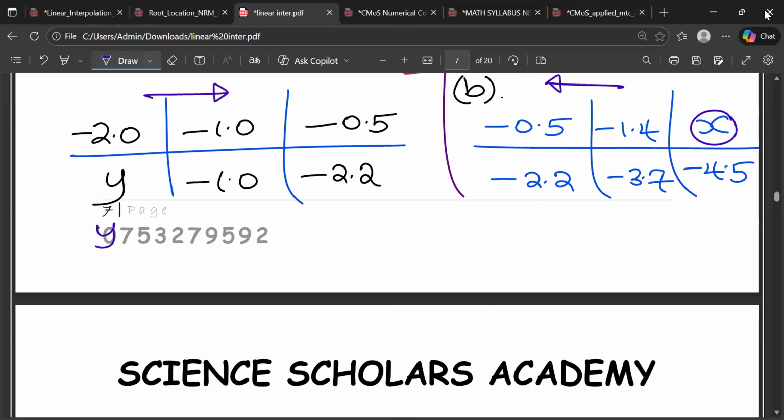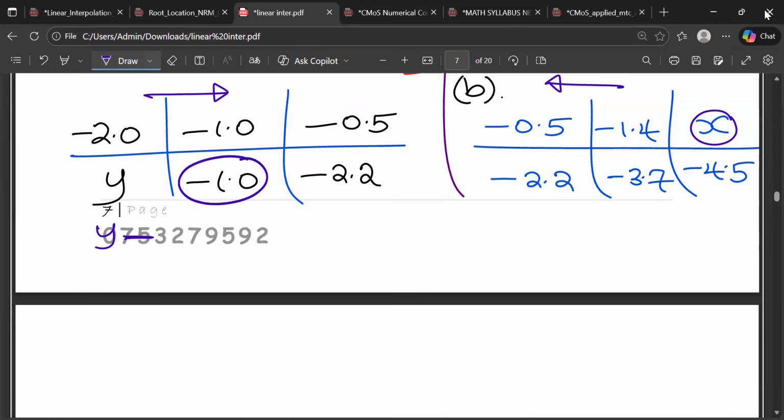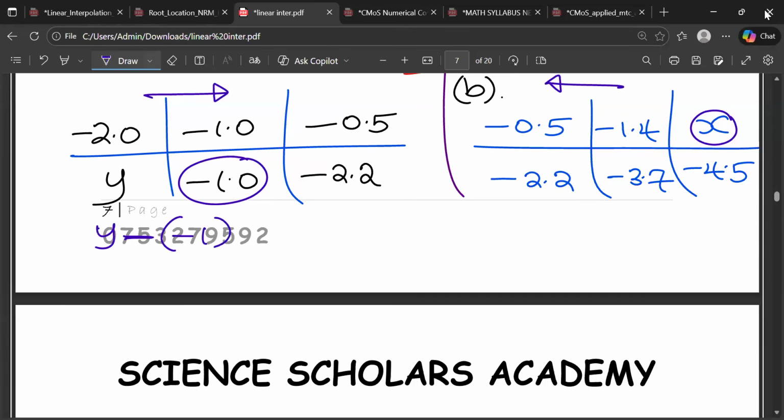We shall have y minus, I can choose this one and say y minus negative 1 out of, the value above y is negative 2 minus, the value above negative 1 is also negative 1, equal to, what do I have this side?